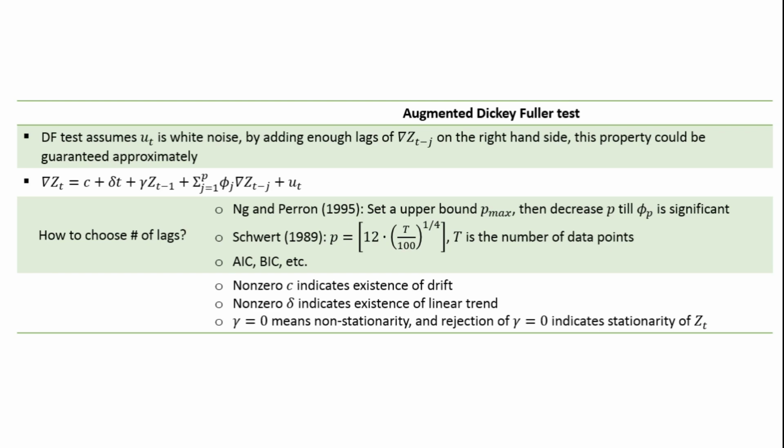On the right hand side, this property can be guaranteed approximately. We have to choose the lag using criteria like the Akaike information criterion or other criteria, in order to help us make a decision about our test.